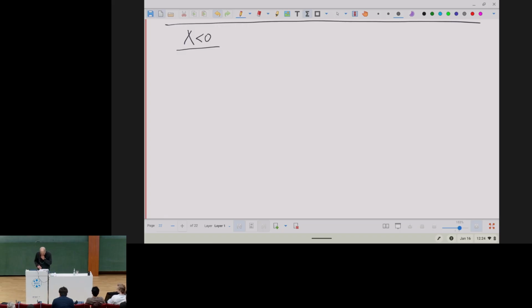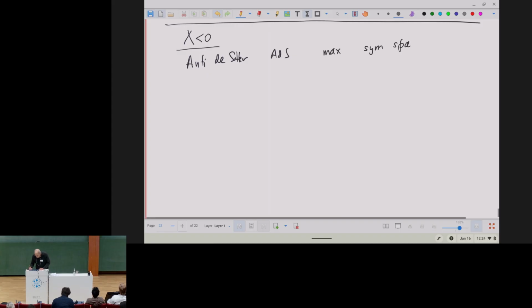So, first of all, anti-de Sitter space, or AdS, is the maximally symmetric space with negative cosmological constant. So it's the analog of Minkowski space. And it has a metric that can be written in many ways, but here's one way.